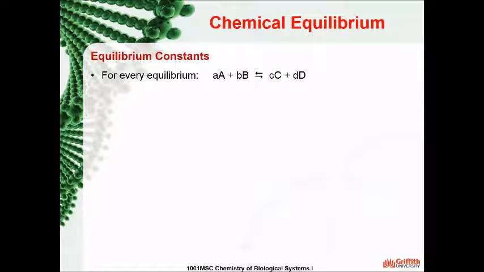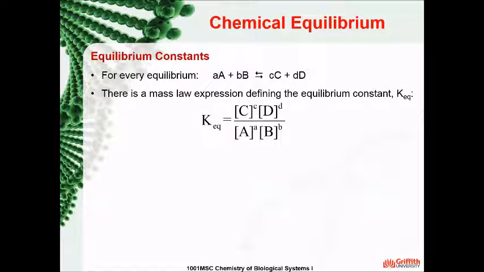For this chemical equilibrium equation, the capital letters represent the reactants and products. The lowercase letters are the stoichiometric coefficients. The equilibrium constant is referred to as KEQ, and it is equal to the formula shown.